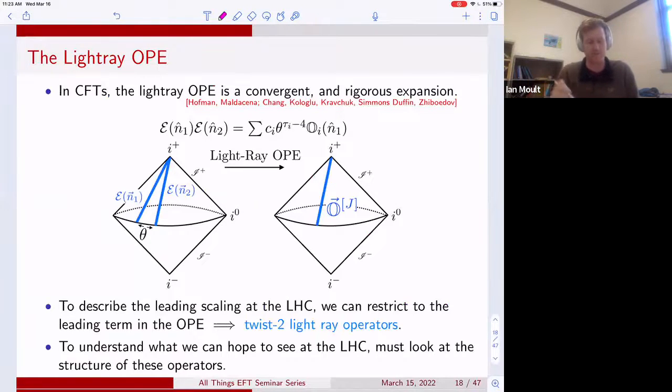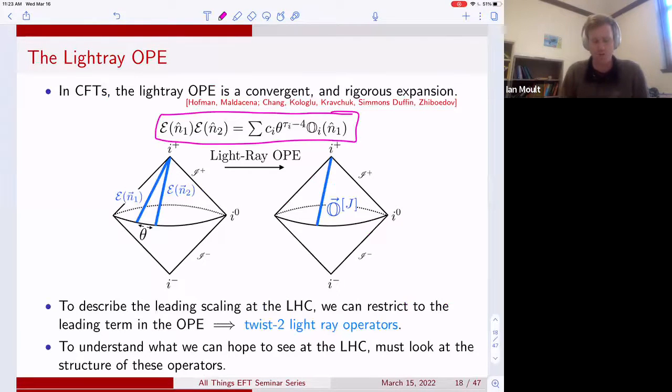In conformal field theories, this light ray OPE is actually proven to be a convergent and rigorous expansion. It's written in a very schematic way shown here, where you expand in the angle between the detectors, and the expansion is just like for standard Lorentzian observables in the twist of the light ray operator.